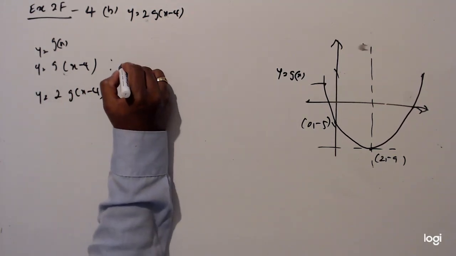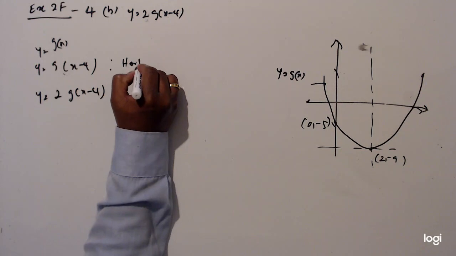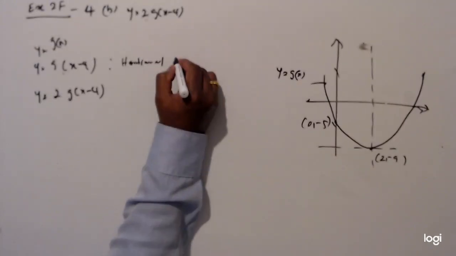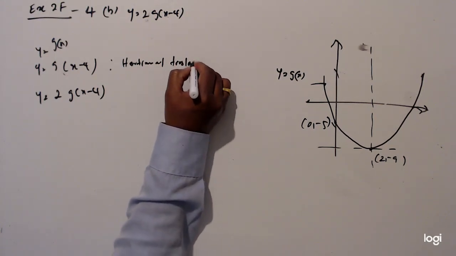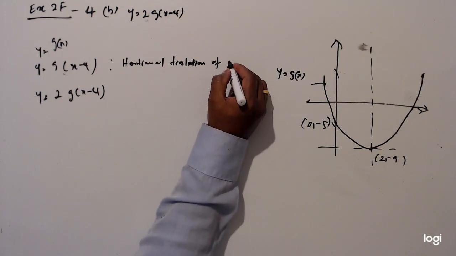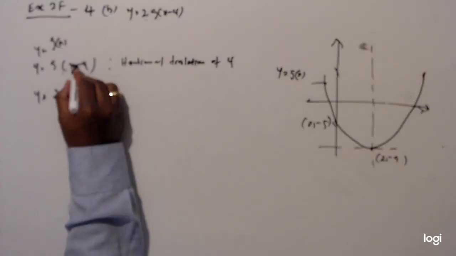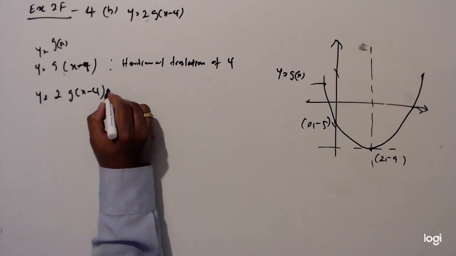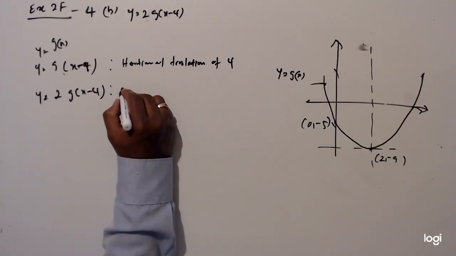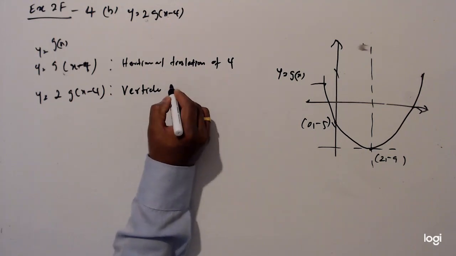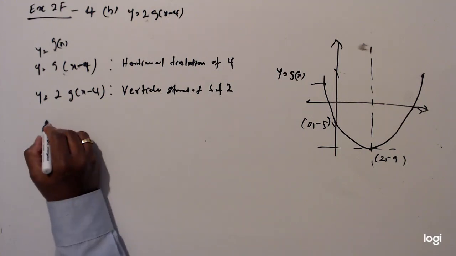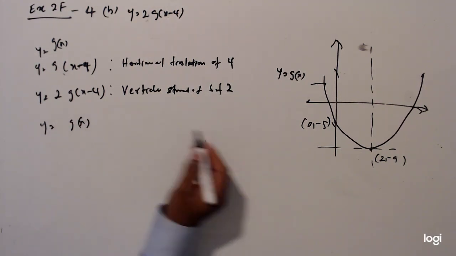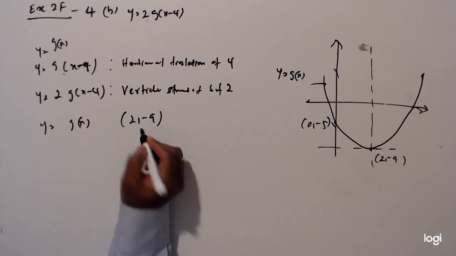So this is a horizontal translation of 4 to the right, and this is a vertical stretch, scale factor 2. So y = g(x), we only consider (2, -9).